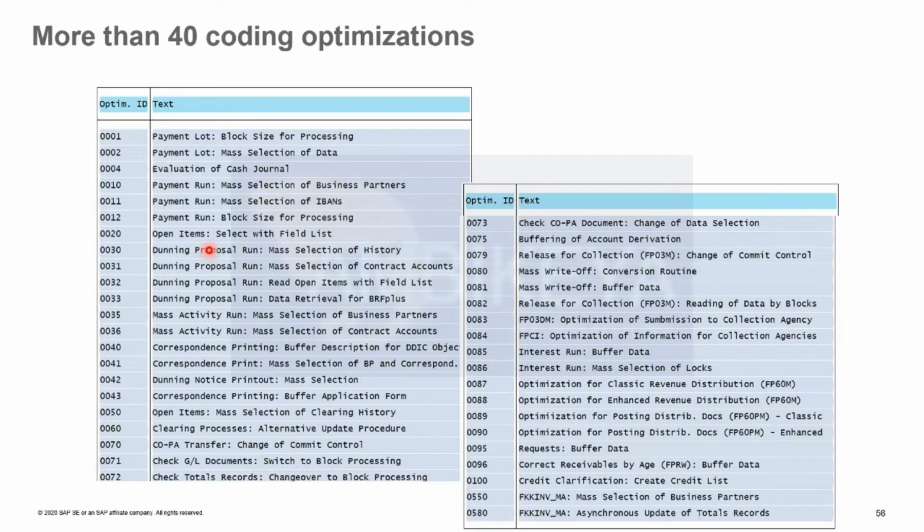We did a small framework for that, where you can switch on those improvements. All of them needed to be not only developed but also tested and checked. And it's all about our core FICA mass processes, as you can see here.